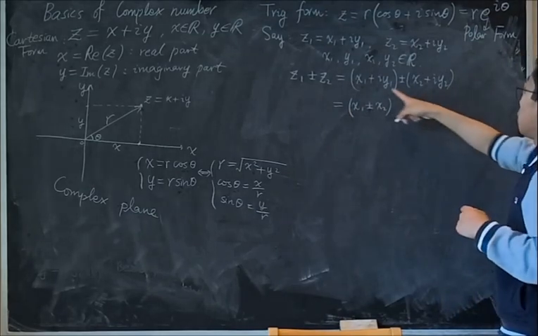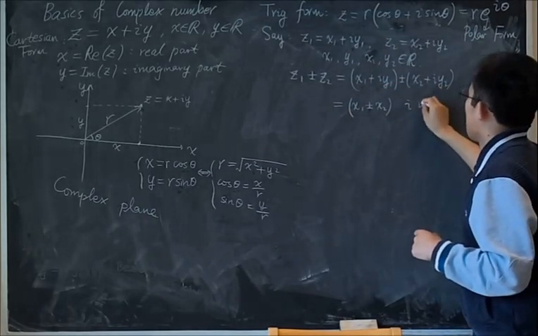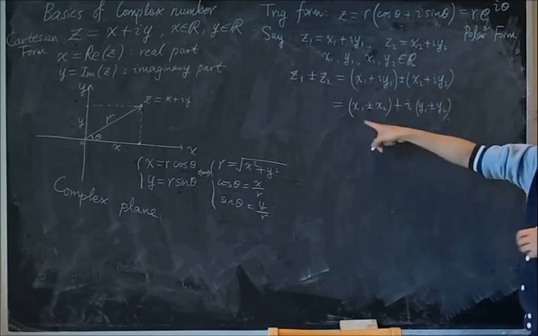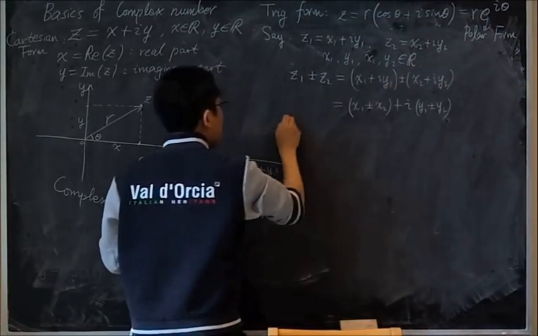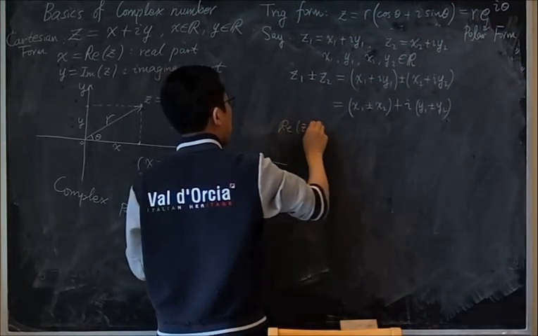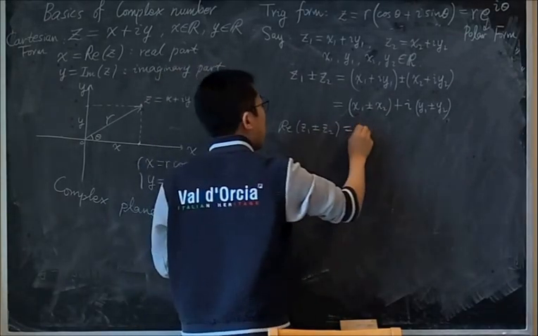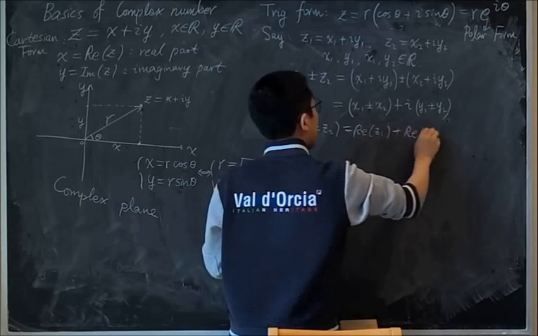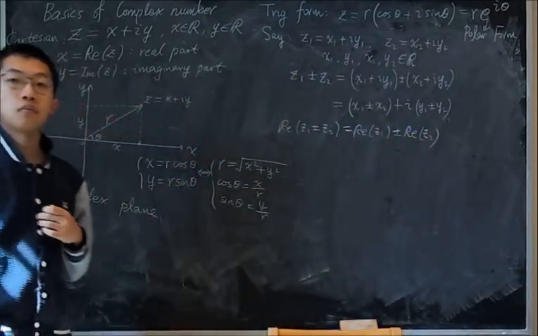And we combine the factors with i, so that's i times y1 plus or minus y2. And we add them up. That's it. From this, we can see that the real part of z1 plus or minus z2 equals the real part of z1 plus the real part of z2, and if I do a minus sign here, obviously it's the same.